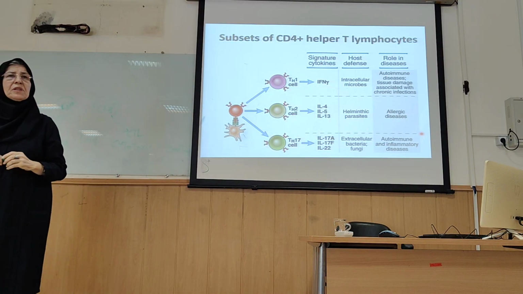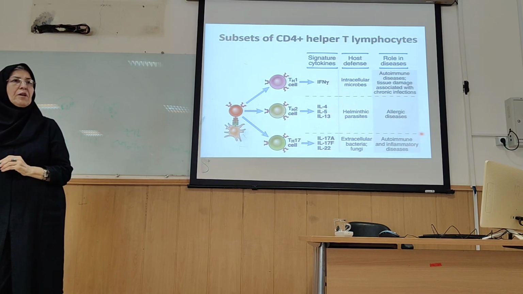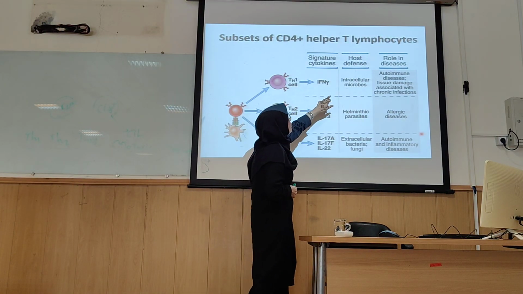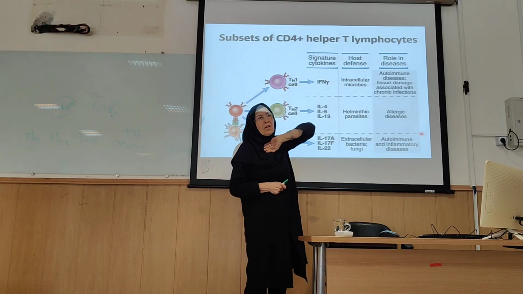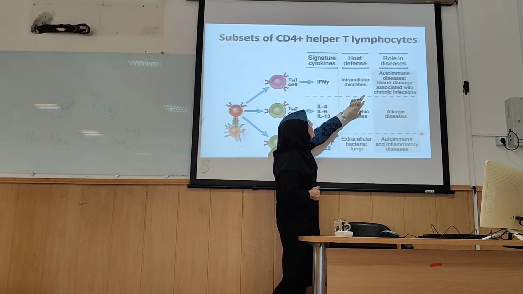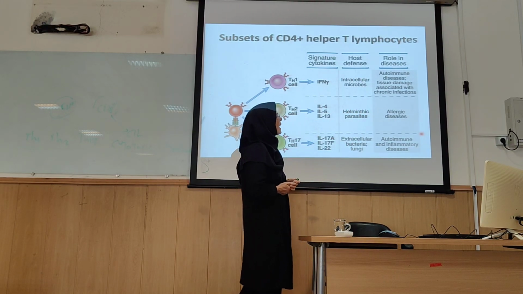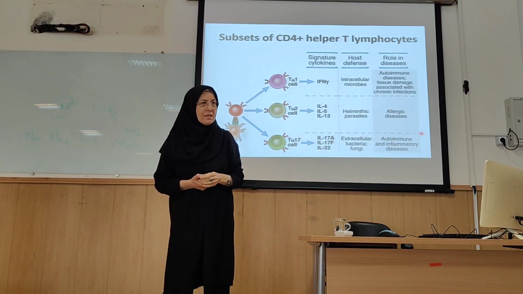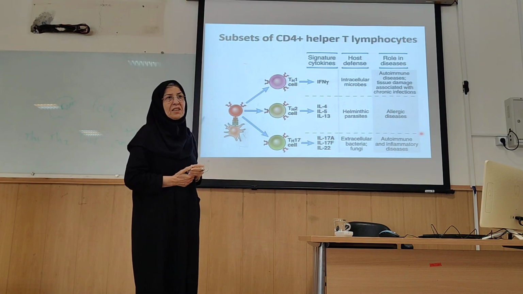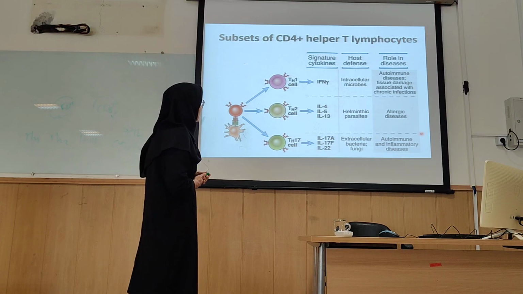T helper 1 produces IFN gamma and responds to intracellular microbes. Its role in diseases is in autoimmune disease, tissue damage and inflammation, and it is associated with chronic infection.